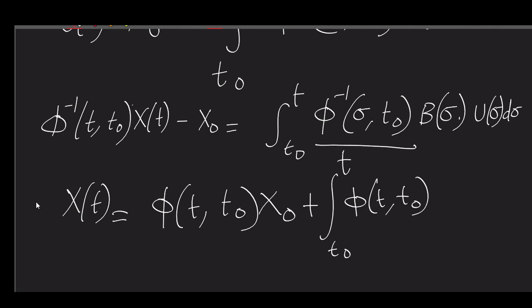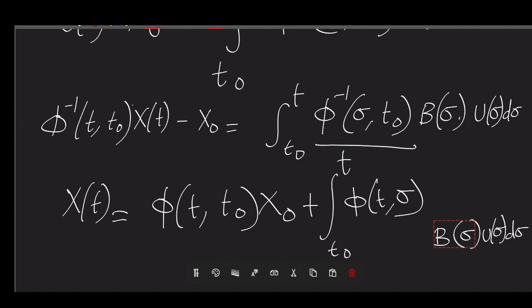Now this can be replaced in reverse order like phi(t0, sigma), and then we can use a further property of this transition matrix that will give you the result I wrote earlier.